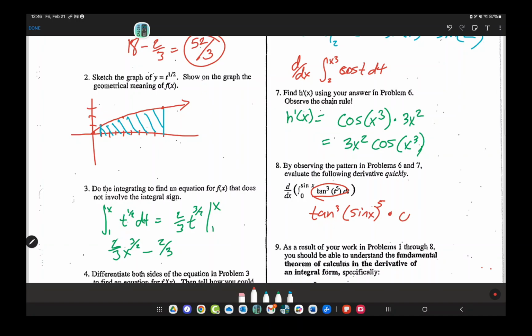Cosine x, because the derivative of the bound, the derivative of sine x, is cosine x. That 5 means under parentheses. You could do that if you want, because it is sine x to the fifth power.